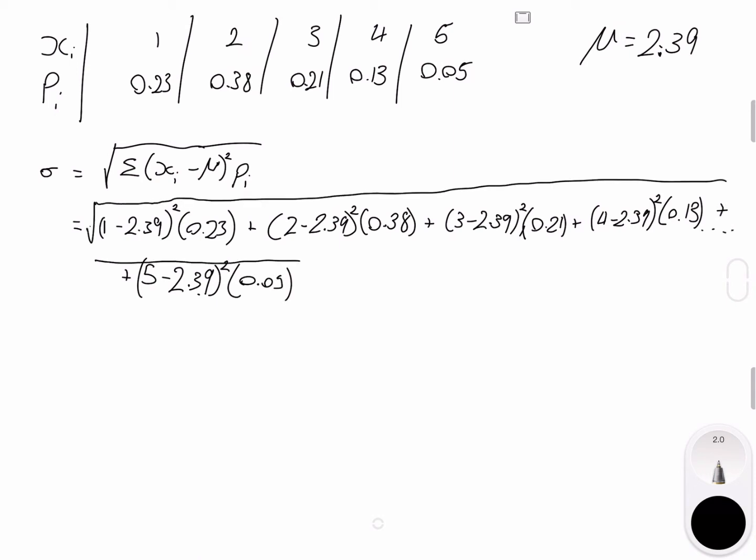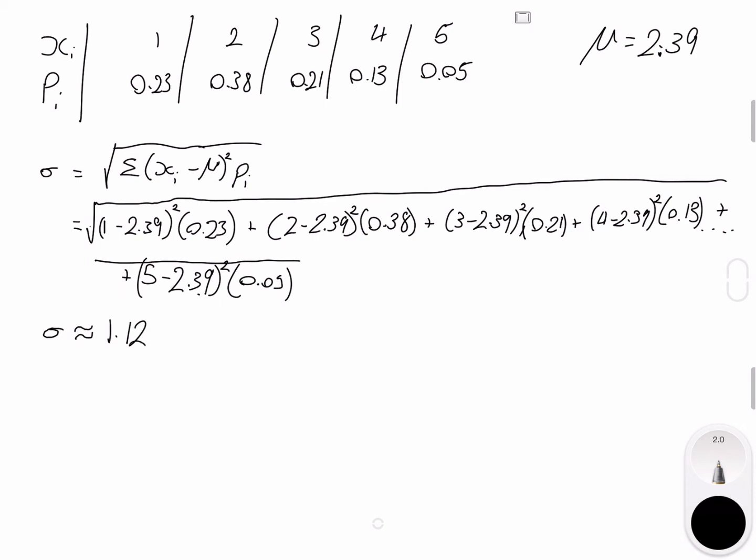Alright, so when we plug all of these values into a calculator and work them out, then our standard deviation is roughly equal to 1.12.